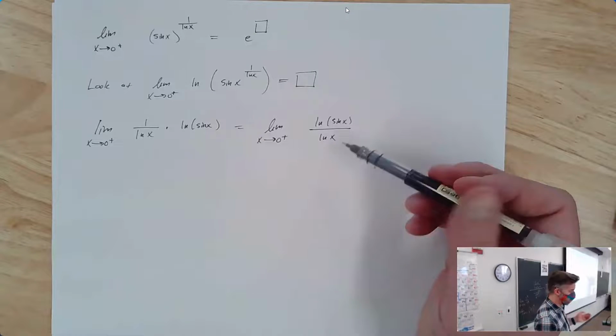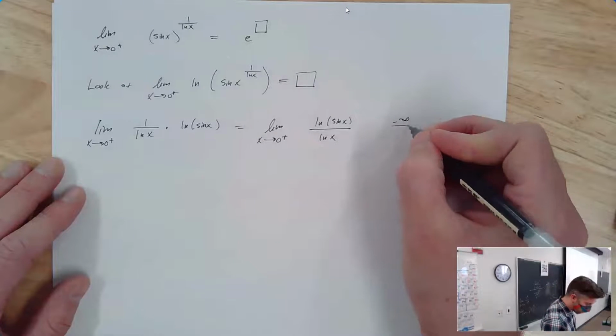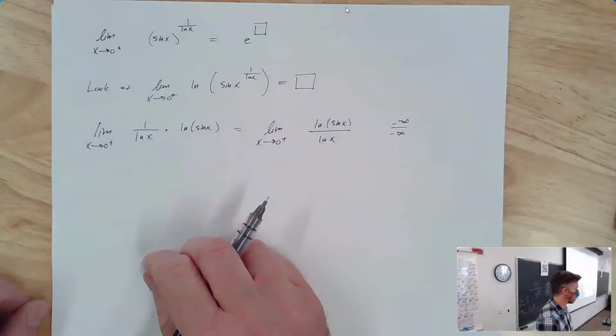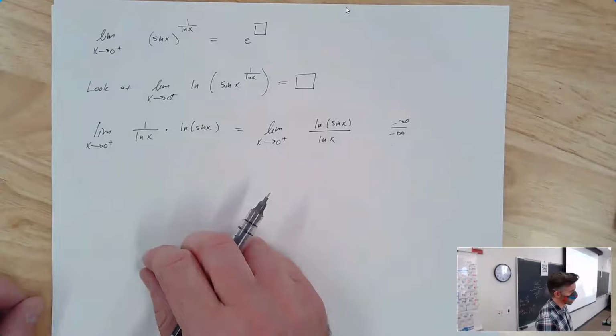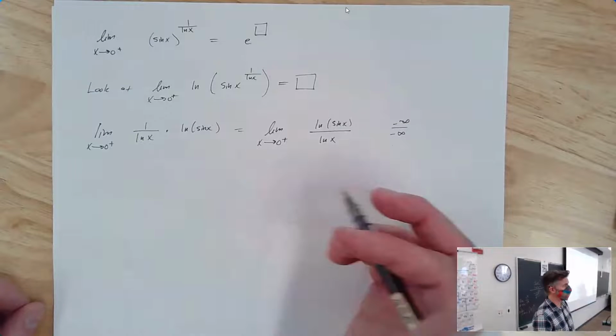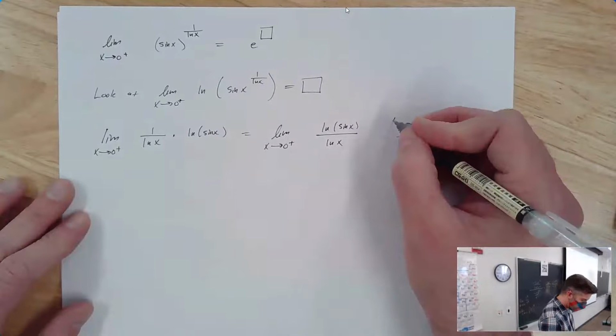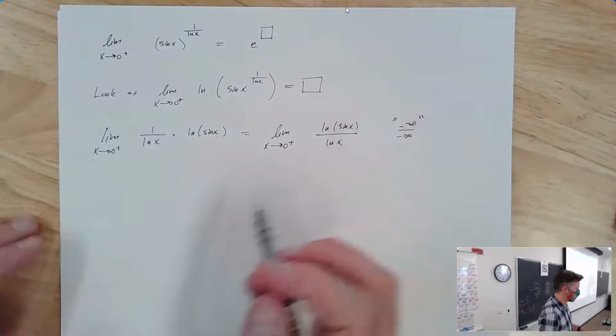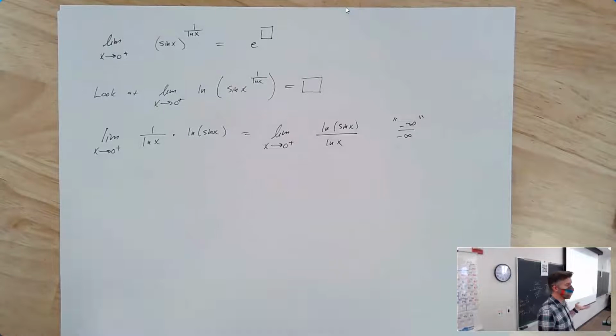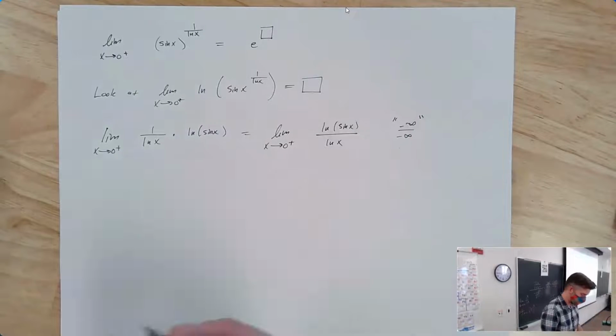I guess actually I have a negative infinity over negative infinity form, because the natural log of 0 is going to negative infinity if you think about the graph of the natural log of x. It matters that you know that you can use L'Hopital's rule before you use L'Hopital's rule. I don't want you to use it when you can't. That's what I'm trying to point out.